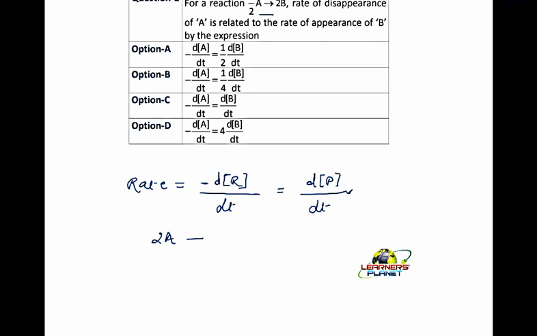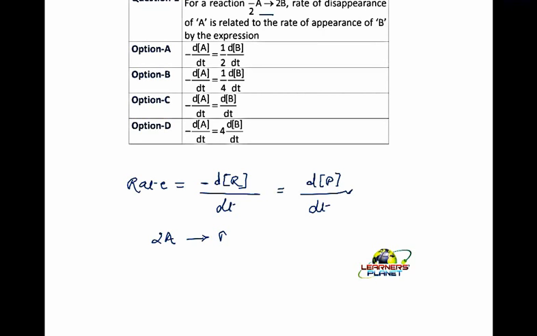Okay, now let's come to our question. What is written in our question? The rate of disappearance of A is related to the rate of appearance of B. So how are we going to write that? What is our equation? It is half of A giving 2B.